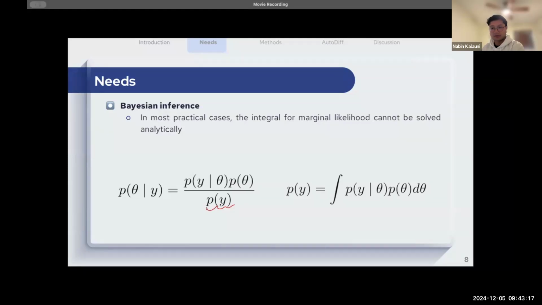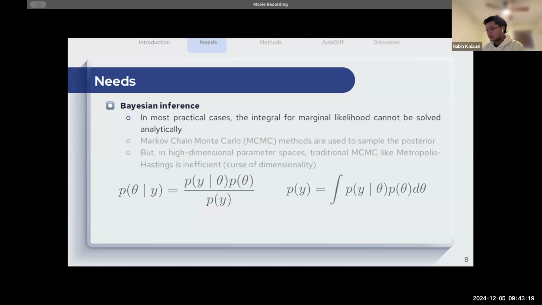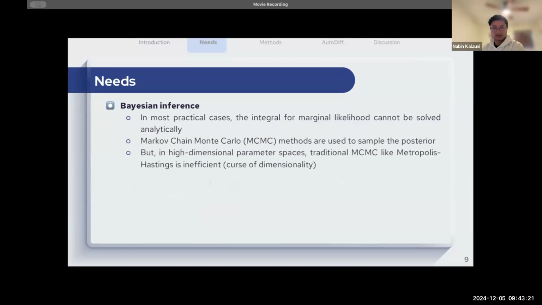So we come up with other methods to do the sampling, and there's a family of methods called Markov chain Monte Carlo methods. The problem with these methods is that when you go to very high dimensional parameter spaces, something simpler like Metropolis-Hastings is very inefficient because of the curse of dimensionality, as we discussed.